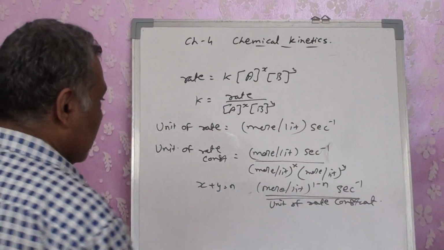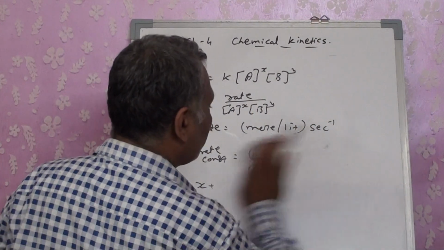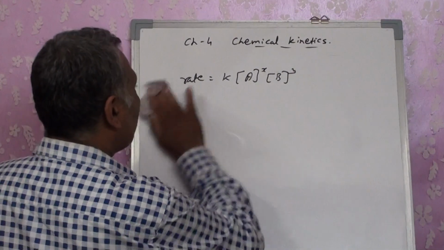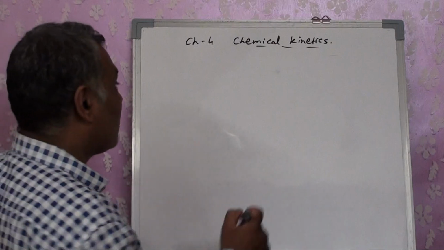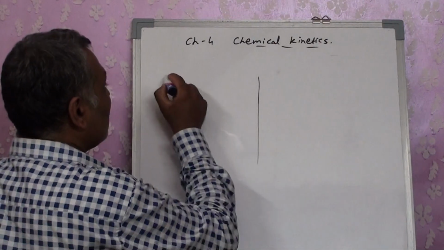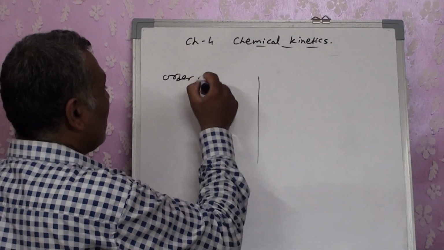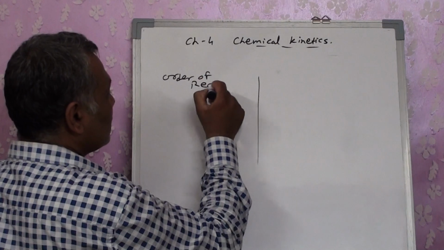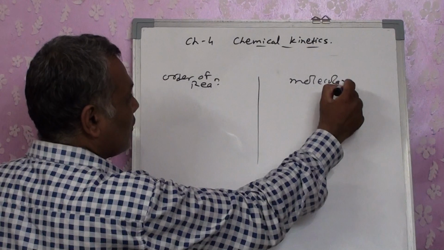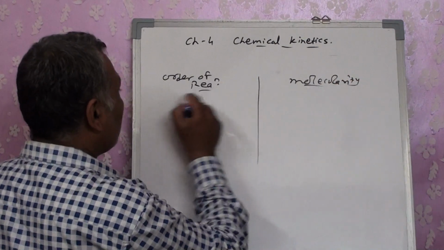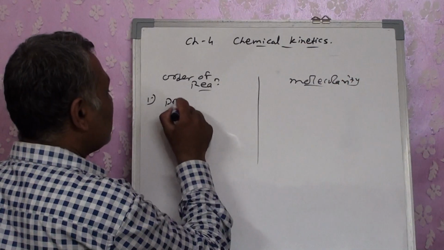When you get the question of difference between order of reaction and molecularity, it is very important; the question has been asked a number of times. For order of reaction, the first point you will write is the definition.